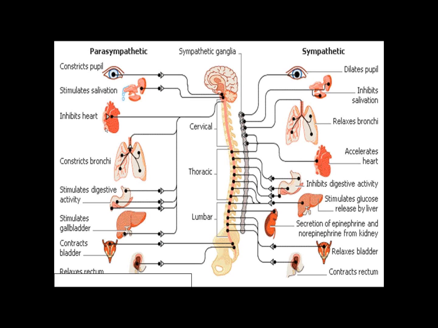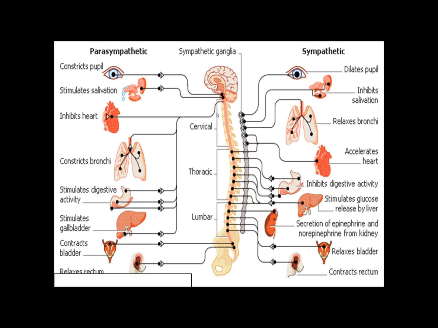If we don't have enough activation from the sympathetic nervous system, our heart won't beat fast enough. If we have too much activation, our heart's going to beat too fast. If we have too much parasympathetic innervation, we're going to have a constriction of the lung bronchi. We're going to have a difficult time breathing.